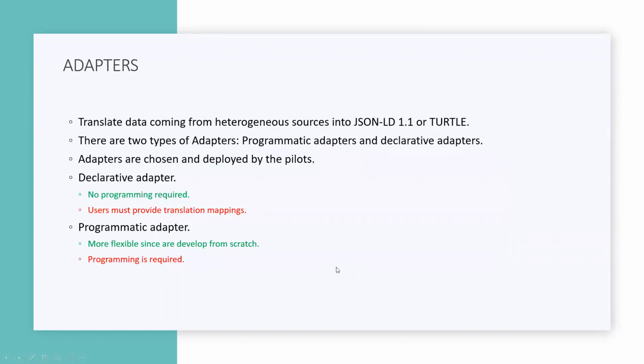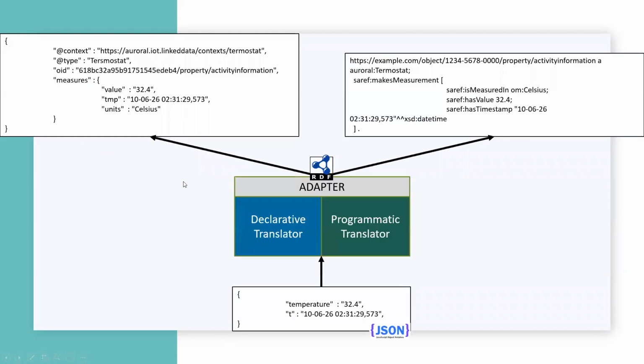The adapter translates data from heterogeneous sources into semantic data sources. There are two types of adapters, the programmatic adapter and the declarative adapter. The adapters are chosen and deployed by the pilots, and each adapter has pros and cons.